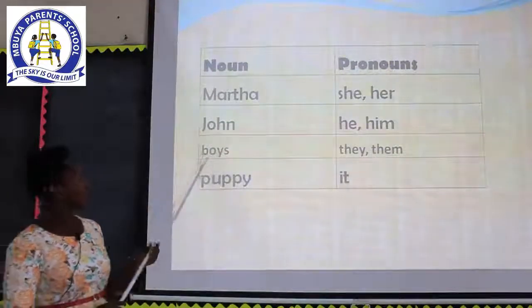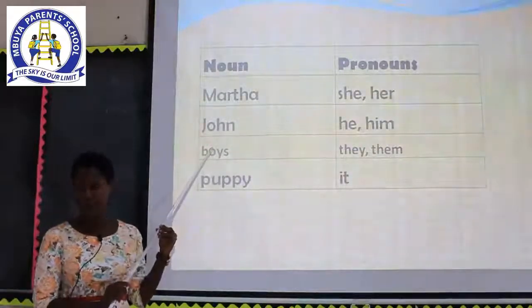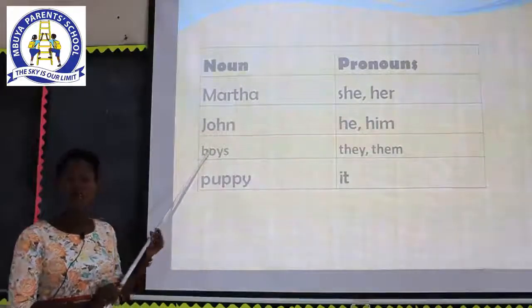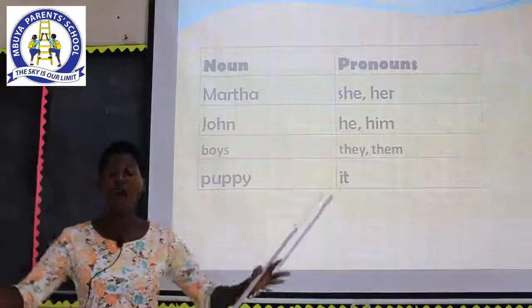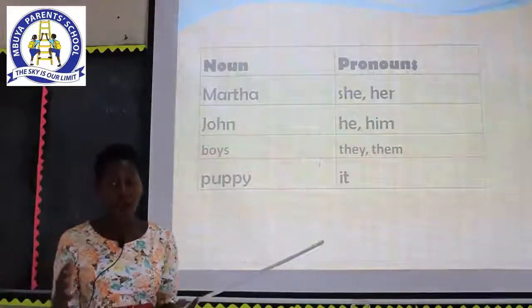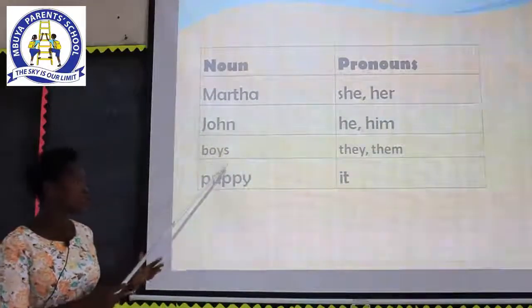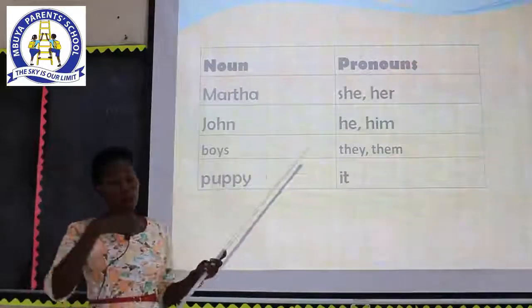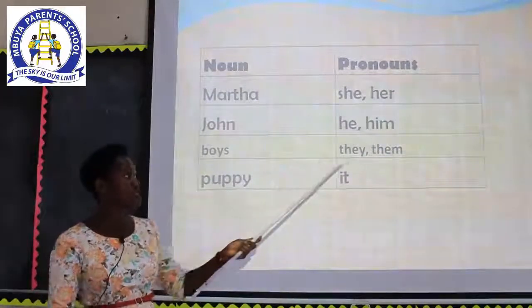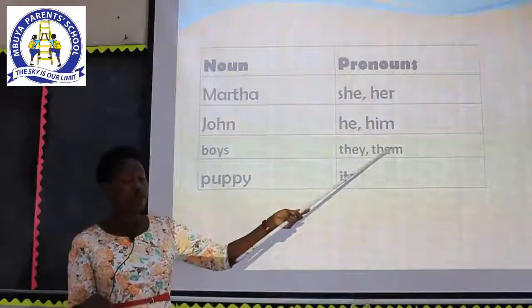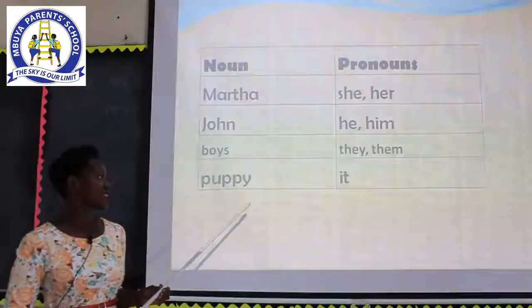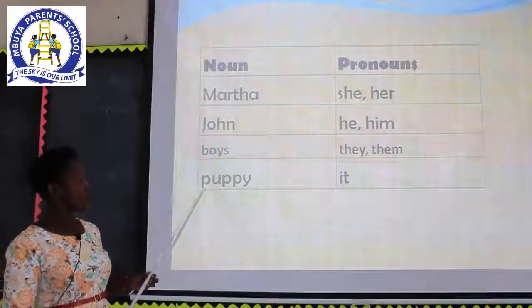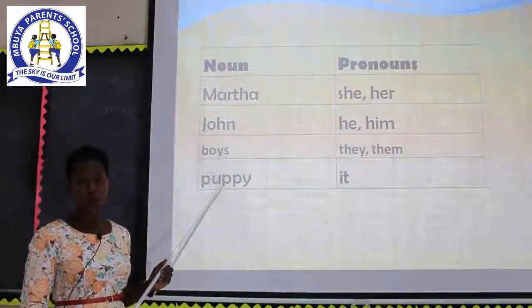We have another noun, boys. Everybody say boys. Boys means that they are talking about many people. Boys are grouped together. They are now many. Instead of saying boys, we can replace with the pronoun for boys, they or them. Then we have another noun, puppy.